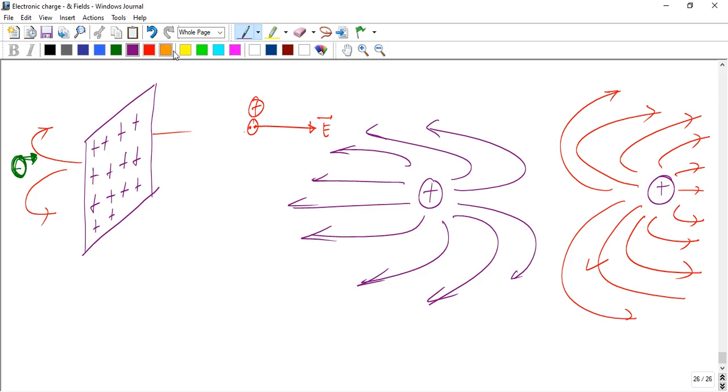Here is the neutral zone. That means the electric field is zero.